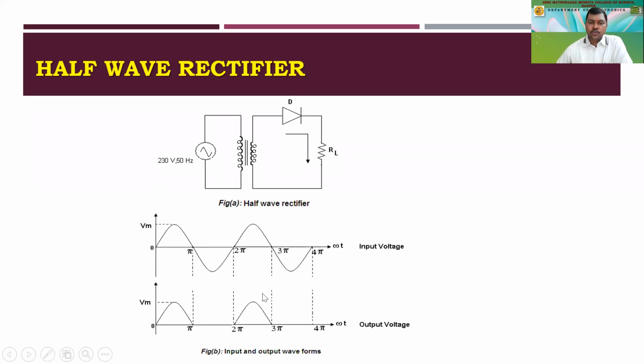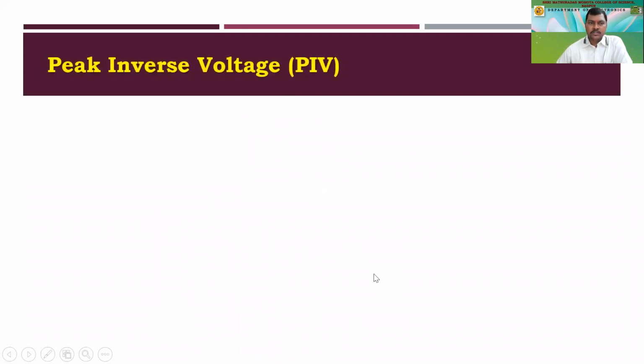Then again it will start from 2 pi to 3 pi, and the amplitude of the output voltage will remain Vm. This is very important as far as derivations are concerned. So what is the first portion of the rectifier circuit? We are working on the half wave rectifier itself.